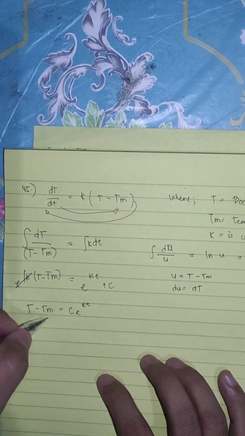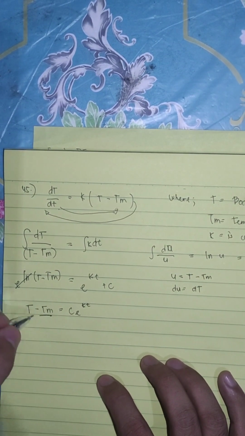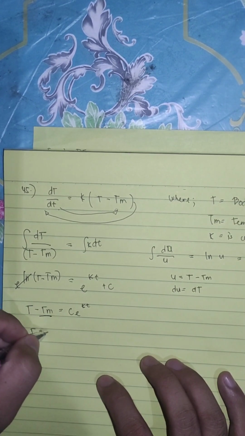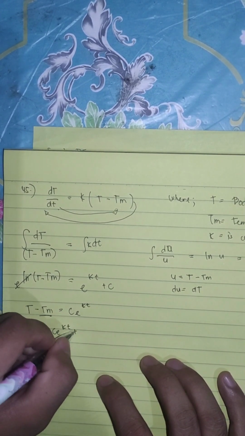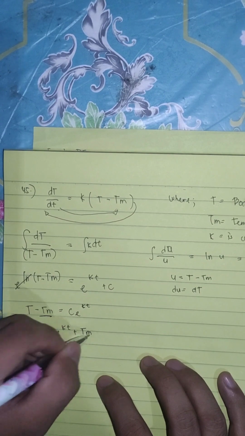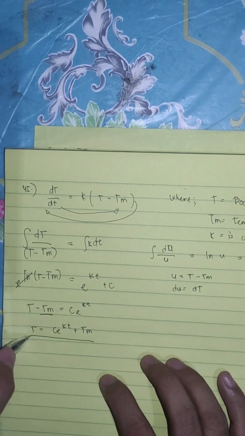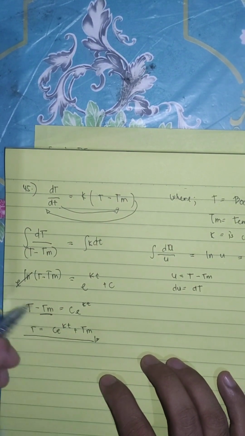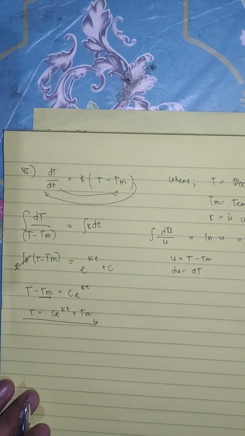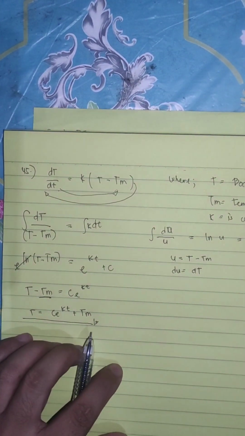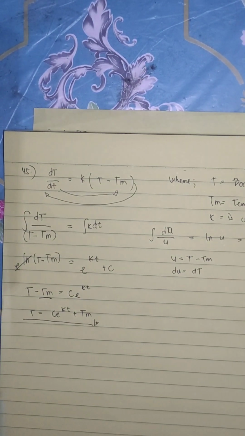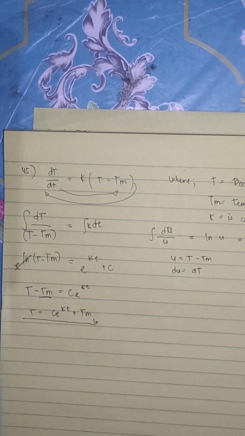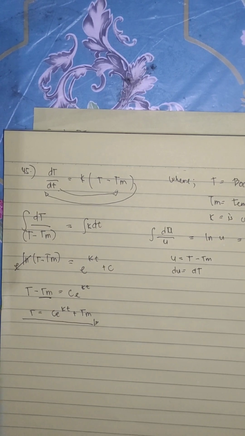You can transpose this one, so we got T equals C e to the kt plus Tm. So this is our equation now.